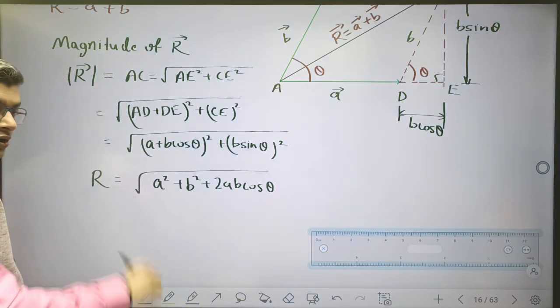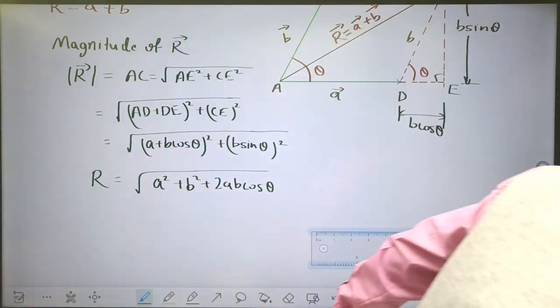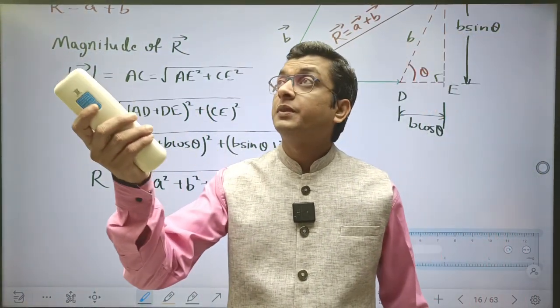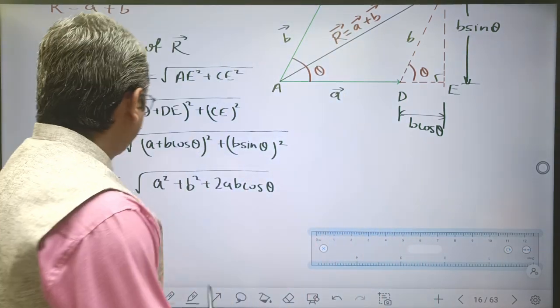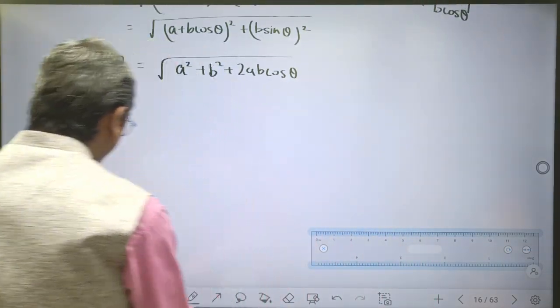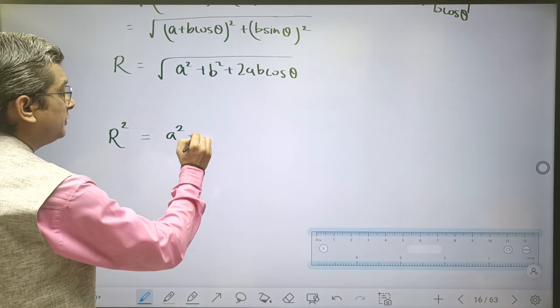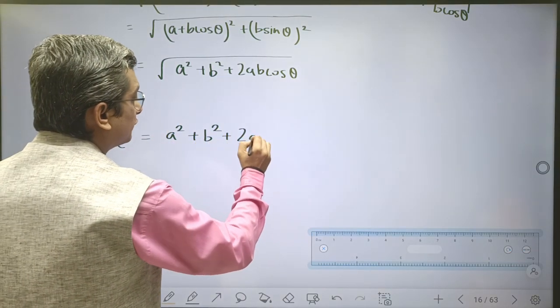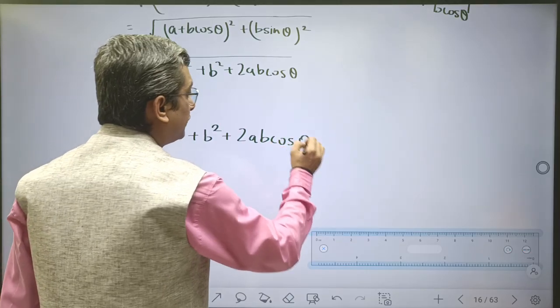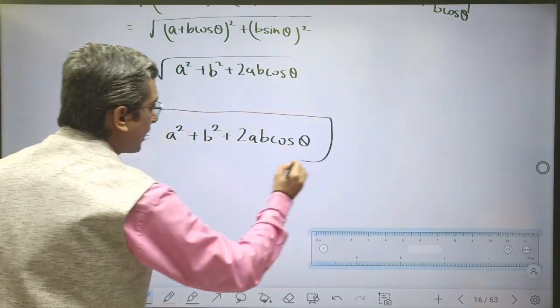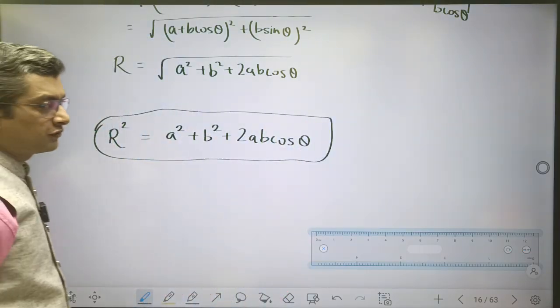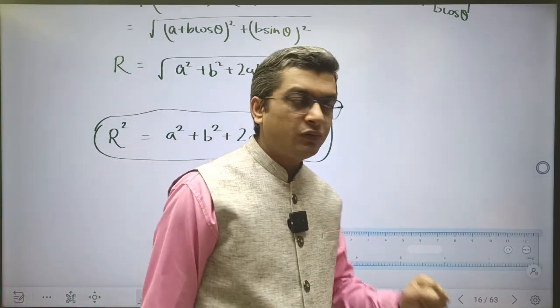So this is the formula of the magnitude of the resultant vector, dear students. So R square is equal to A square plus B square plus 2AB cos theta, where A is the magnitude of the first vector, B is the magnitude of the second vector, and theta is the angle between the two vectors.